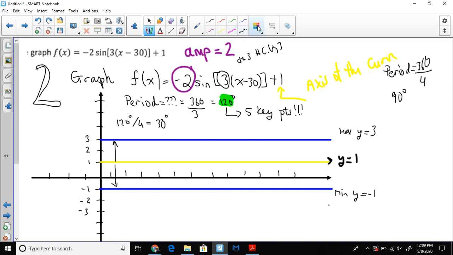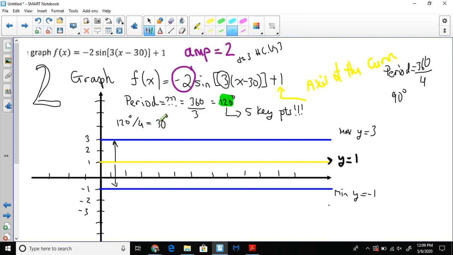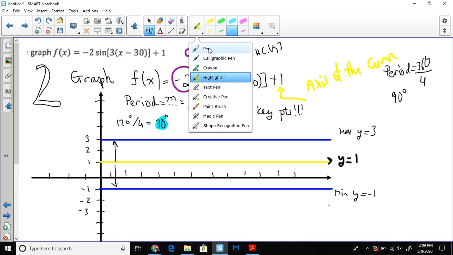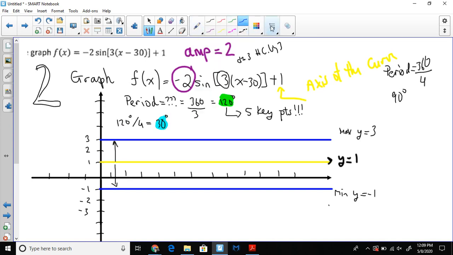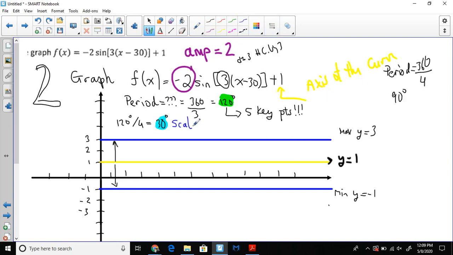This here I'm super stoked about, because this is going to give me the scale that I'm going to go up by on the x-axis.